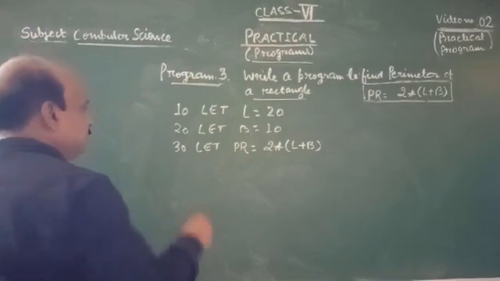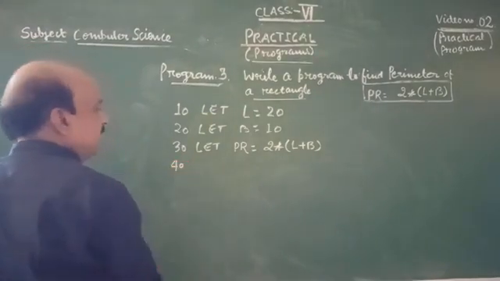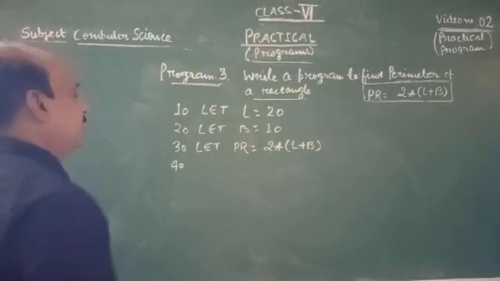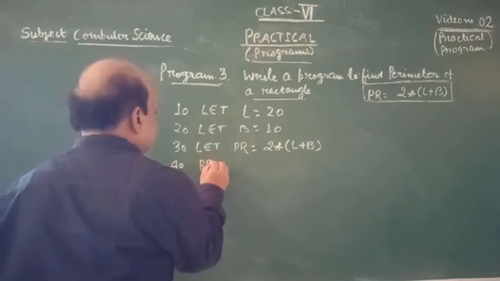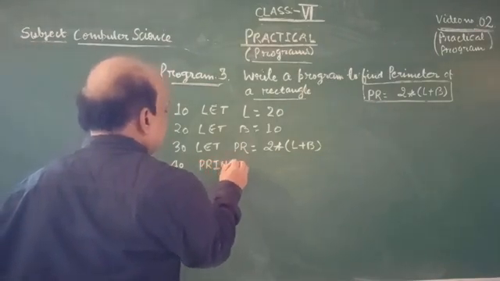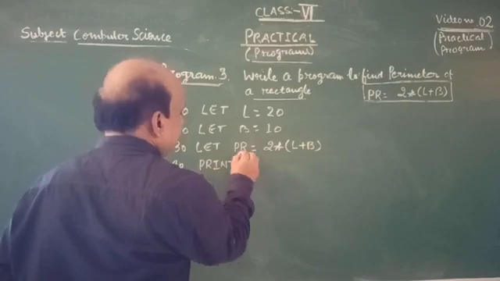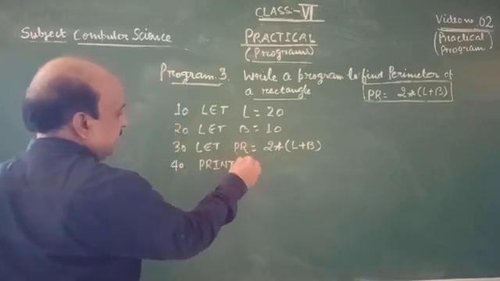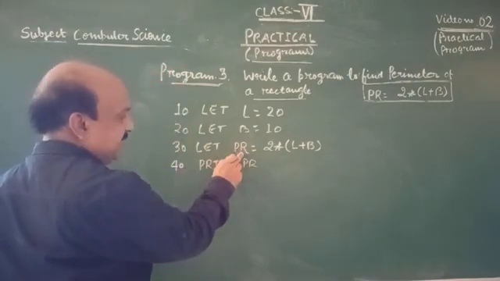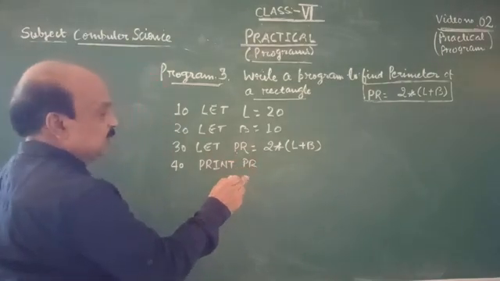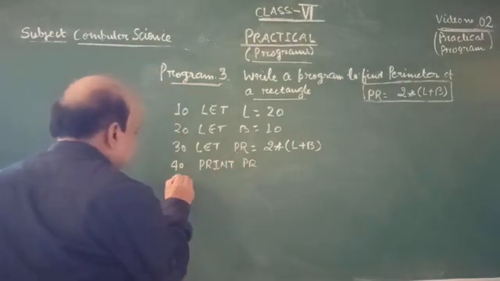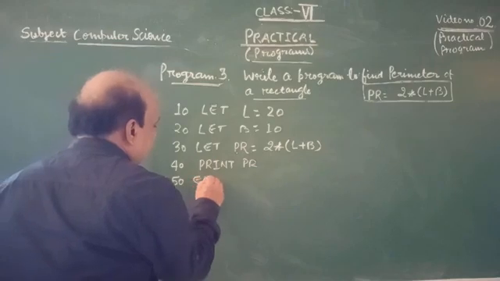Now you have to use the print statement for getting the result. So you will write here print PR. See, the same variable you used here must be written here also. Print PR and 50, your program will be finished.